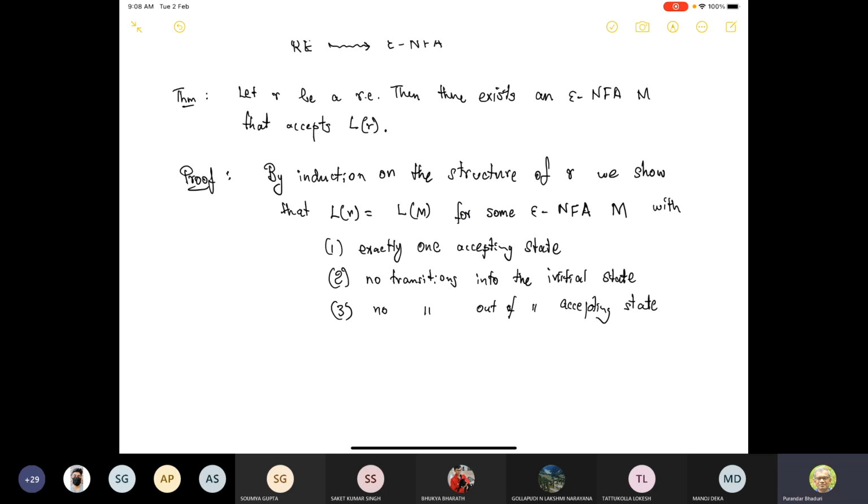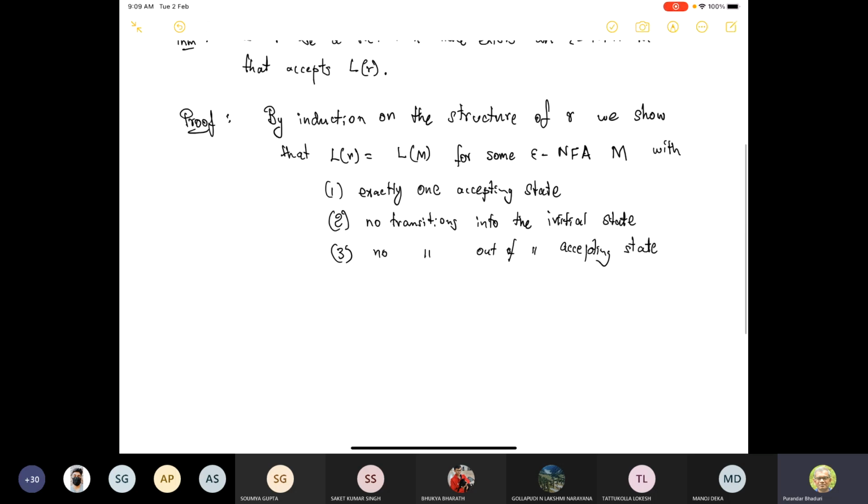So often what you are going to prove by induction is stronger than the result that you want, meaning that what you prove by induction will imply the result that you wanted to prove. Okay. So here we are saying not only is there an epsilon NFA, which accepts the language denoted by R, but it also satisfies these three conditions. Okay, so this is a stronger statement.